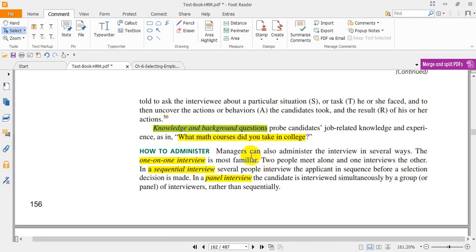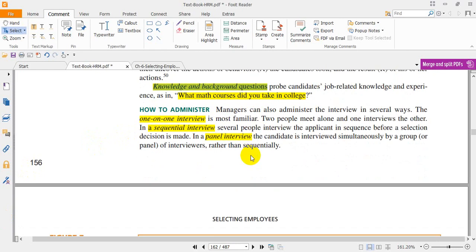Now, how to administer the interview? How we make the interview, how we interview the candidates. There are many ways to make the interview.